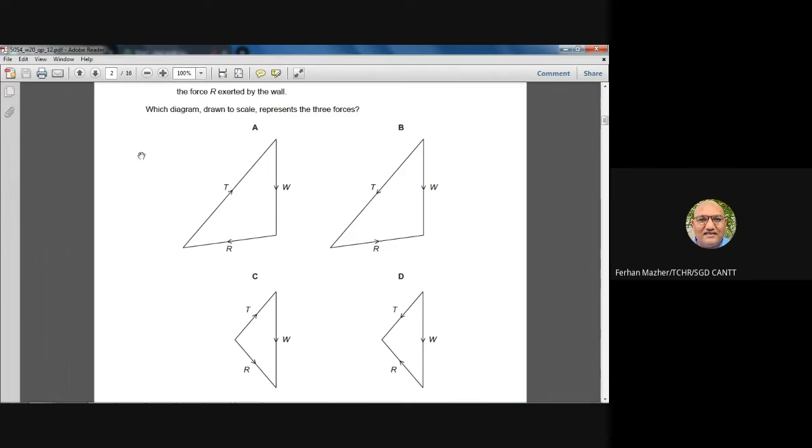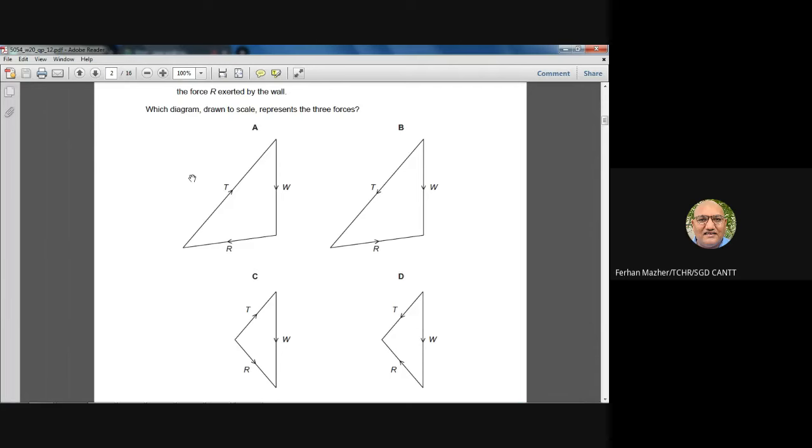The first question is very tricky. Because the three forces acting on the nail have balanced each other, their resultant should be zero. So I am looking for the diagram obeying the head and tail rule, with the resultant zero.